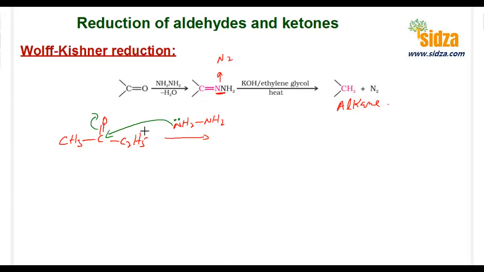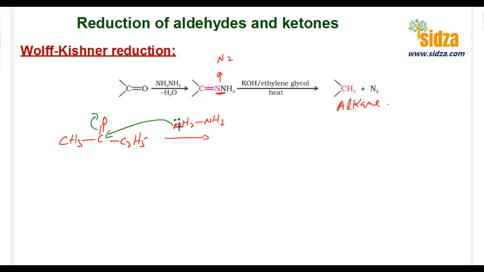Then water is lost and you get this product. We studied this in one of our videos on the addition of hydrazine to the carbonyl group. So first addition, and then loss of water.